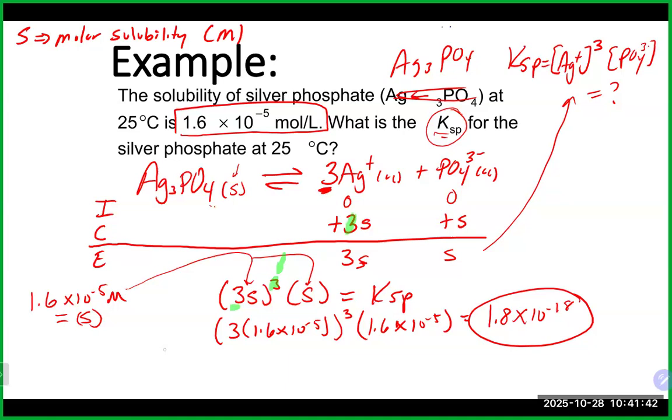So you can visually see that you do need to have those 3s in both locations if you run through the ICE table. That's a very common error people make: they feel like they've already used the coefficient, and they don't have to use it again. So visually, it helps you see that you should do that.